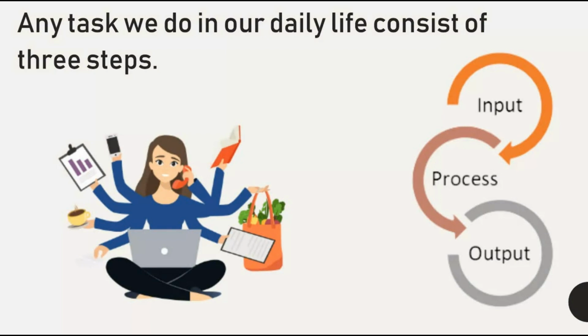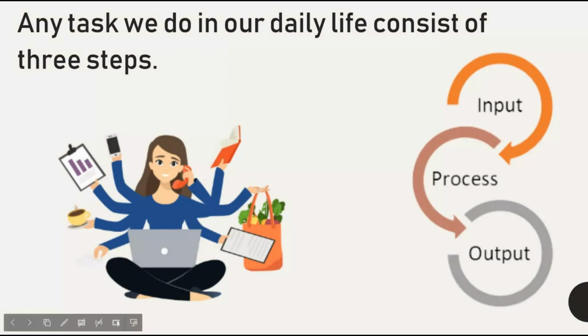The process is that we mold the clay into different shapes. The output is the beautiful toys we get after molding. Similarly, take a washing machine. Input is our clothes, we put the dirty clothes inside. Process, it washes the clothes by going round and round. And the output is clean clothes.